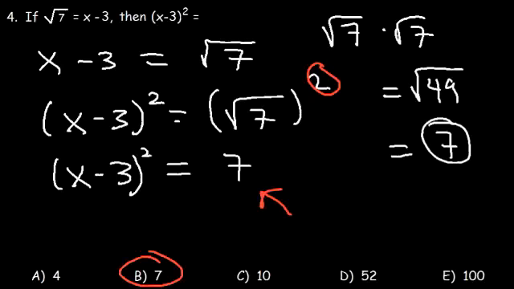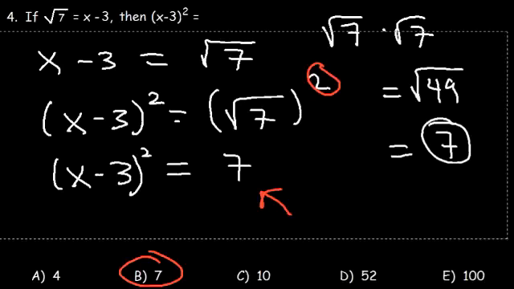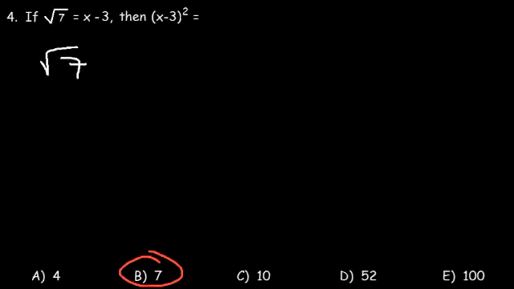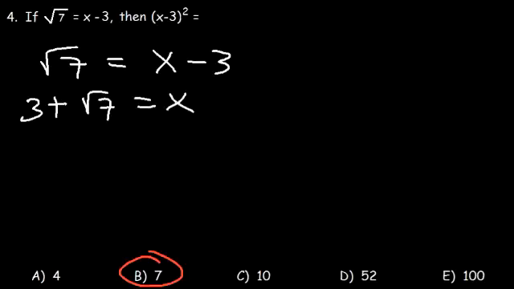Now let's just see what would happen if we solve it using the approach that we used in the last problem. So starting with this expression, we could solve for x by adding 3 to both sides. So 3 plus root 7 is equal to x. So now we can try to find the value of x minus 3 squared.